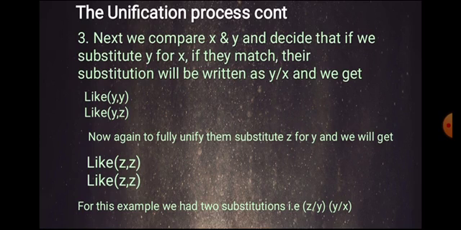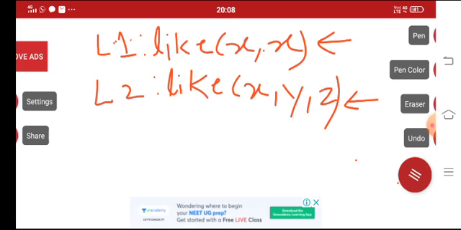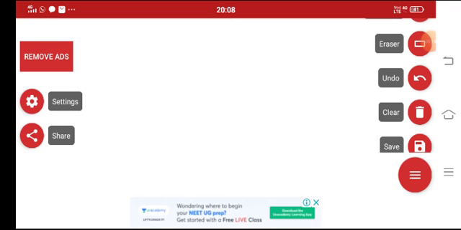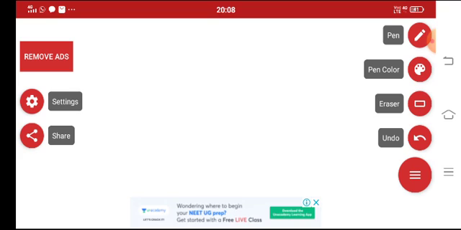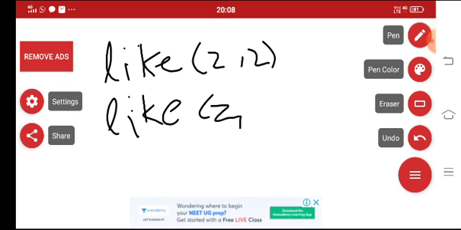After substituting z for y, we get like of z z, and the other literal is also like of z z. Now both literals, like of z comma z and like of z comma z, are matching.